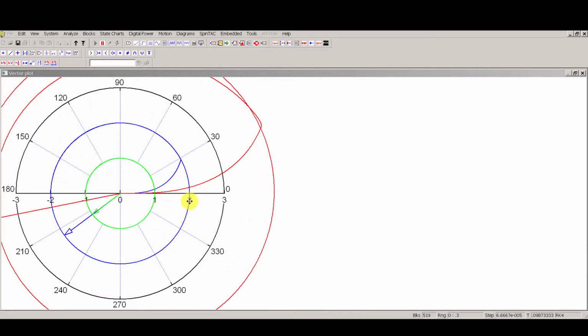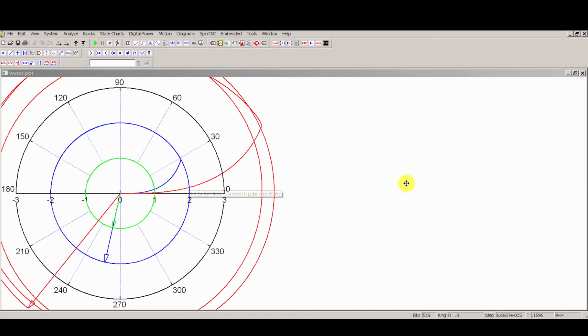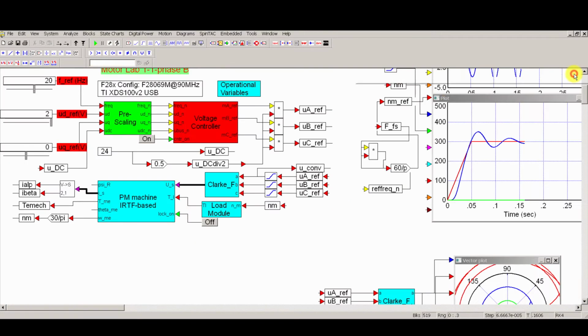It's exactly 2 volts. Now, suppose I told you I'm going to put the d-axis to 0 and put a voltage in the q direction. In other words, suppose I set the value for ud to 0, and I set uq to, for example, 1.5.